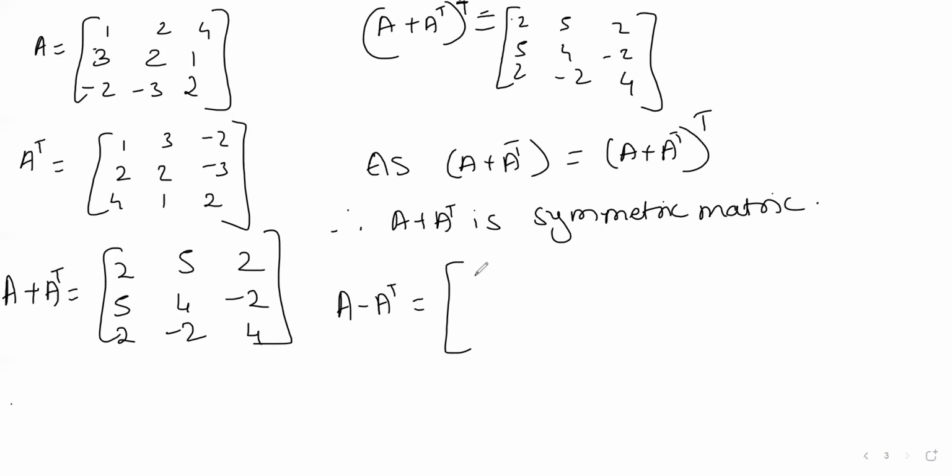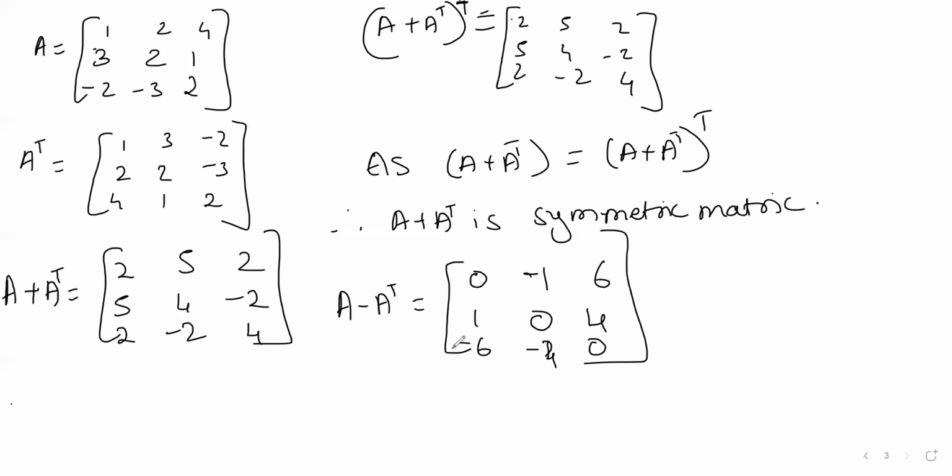1 minus 1 is 0, 2 minus 3 is -1, 4 minus of minus 2 becomes 6, 3 minus 2 is 1, 2 minus 2 is 0, 1 minus of minus 3 becomes 4, this is -6, this is -4, and 2 minus 2 becomes 0. Is this skew symmetric? Yes. How to prove that it is skew symmetric?